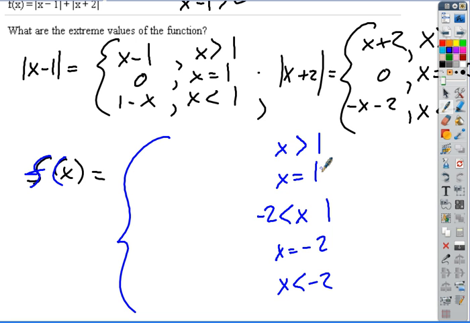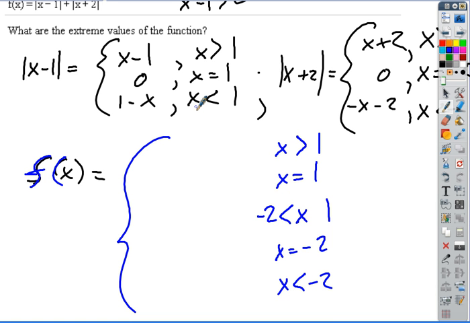Because we've got three separate regions, three separate subdomains that define the absolute value of x minus 1. We've got three separate regions or subdomains that define absolute value of x plus 2. So when I combine those, we potentially get 6 different places where things are going on.